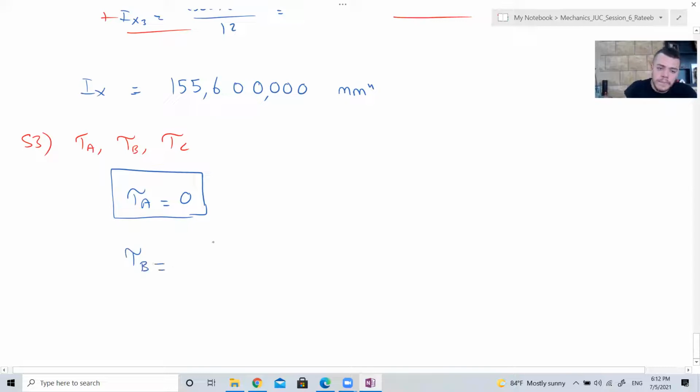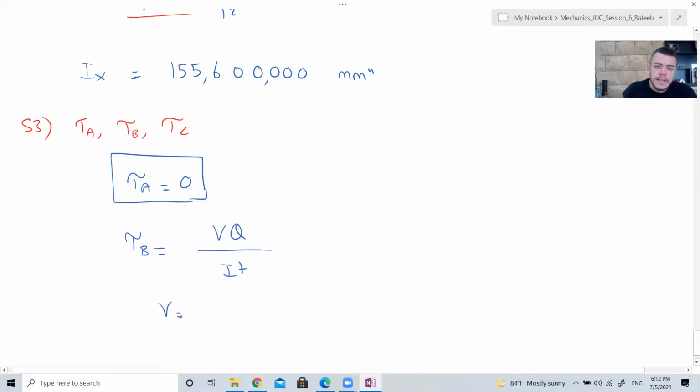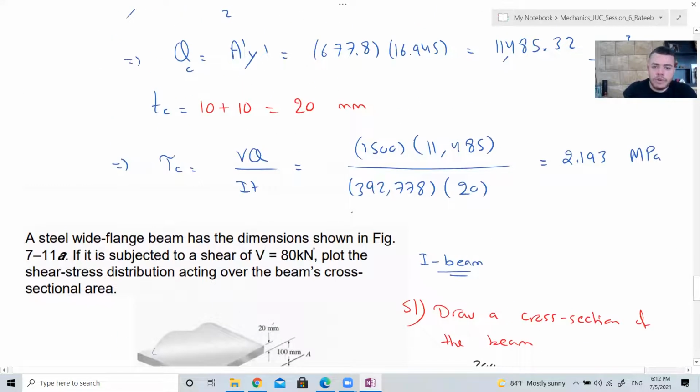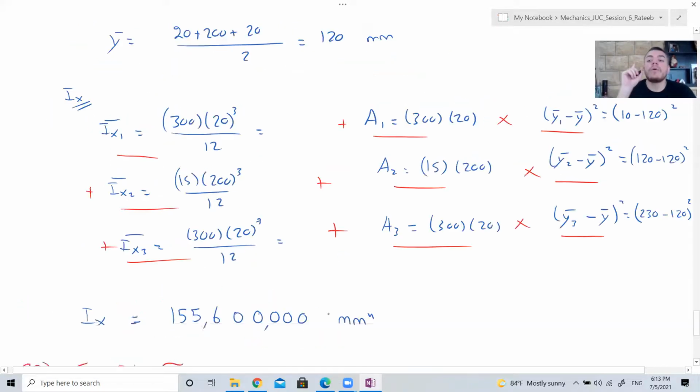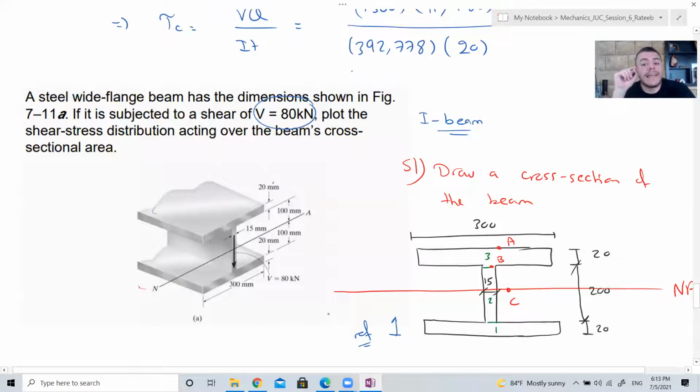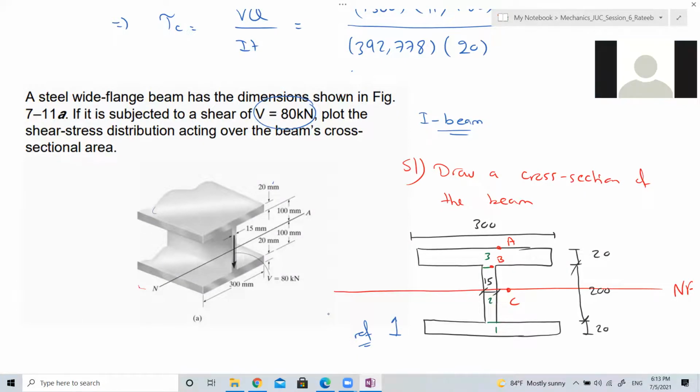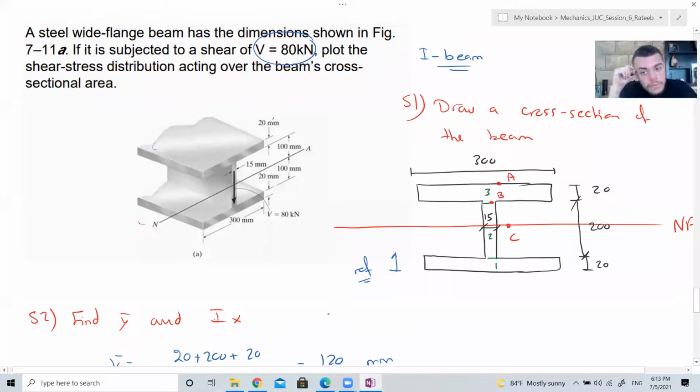What is tau B? It's VQ over It. What is V? V is given as 80 kilonewton, converted to Newton, so 80,000 Newton. What is Q? It's area prime times Y prime. What is area prime at B? Is it easier to work with the upper or the lower area? Upper.